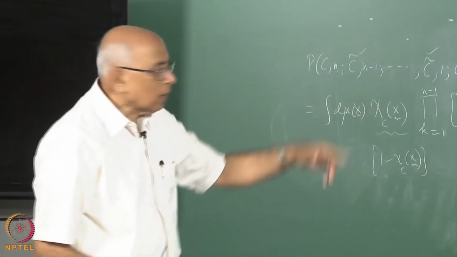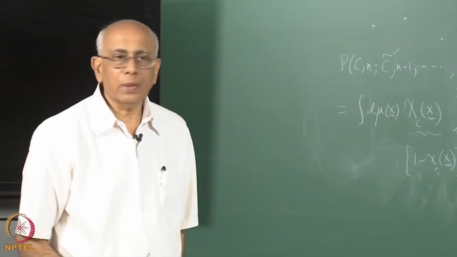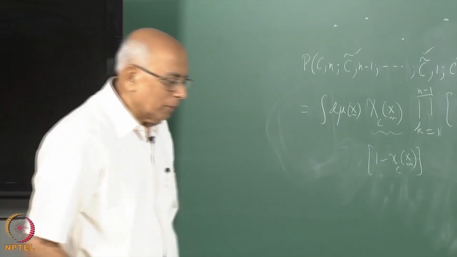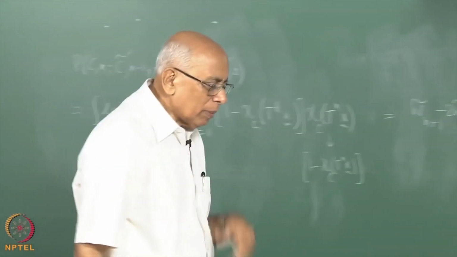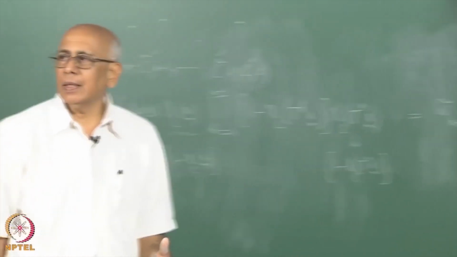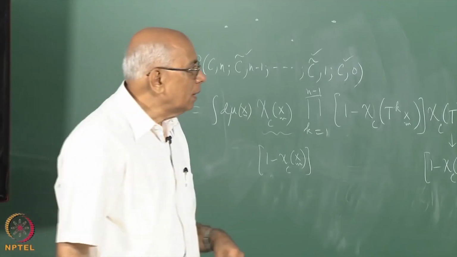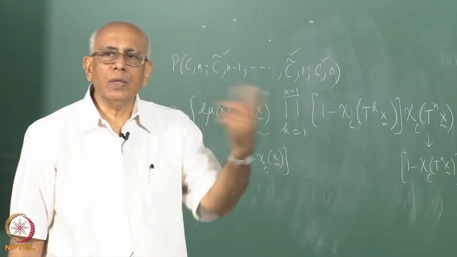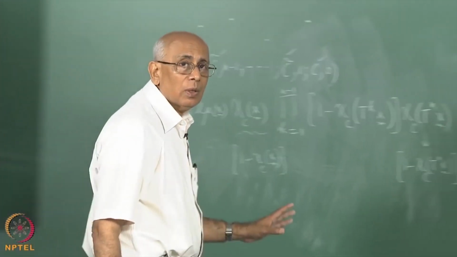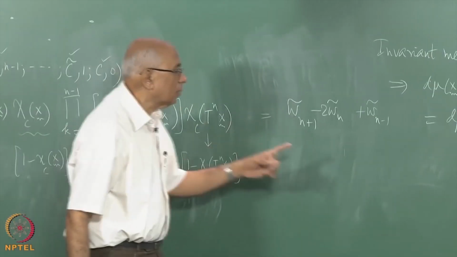So it is just En minus 1 minus En. Okay. So that is an interesting physical way of looking at it. The escape out of the complement into the cell C occurs at time n with probability En tilde, and En minus 1 minus En gives you the recurrence probability, the second. That is a non-trivial result, it is not at all obvious to start with, but all we did was to use the invariance of the measure.